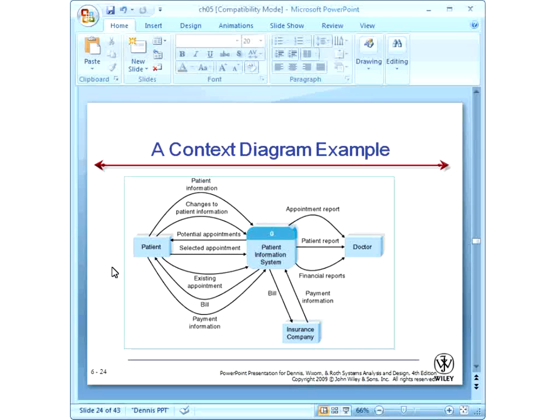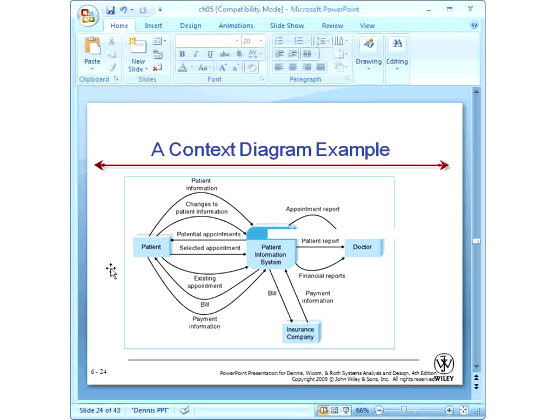You are just viewing the system as a black box, and you see in which ways or what kind of data the external entities are passing to your system or getting from your system. So this is a context diagram.